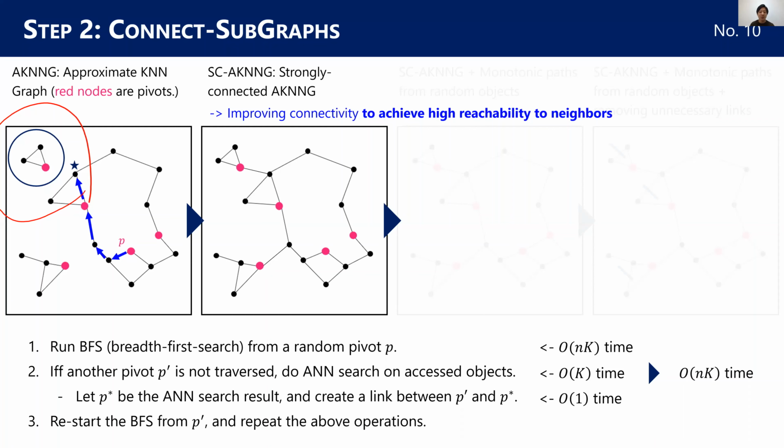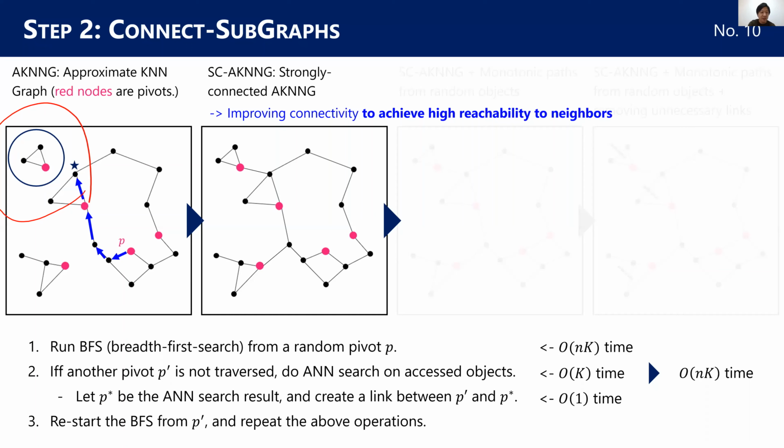Actually, this step is simple, and an overview is shown in the left figure. We run BFS from a pivot, and if we find that some objects are not connected, we do approximate nearest neighbor search, where the query is a not yet accessed pivot.